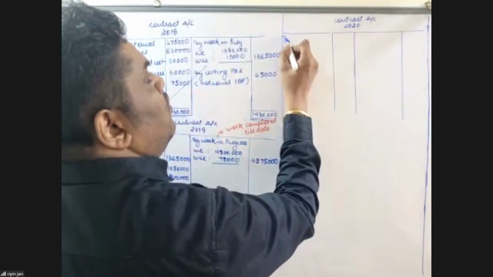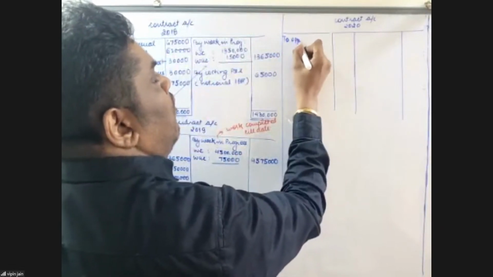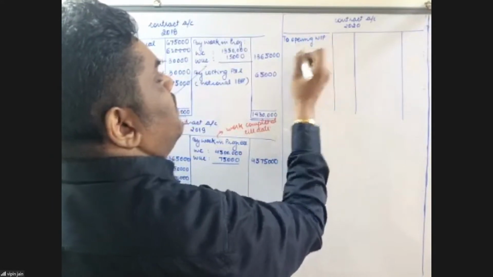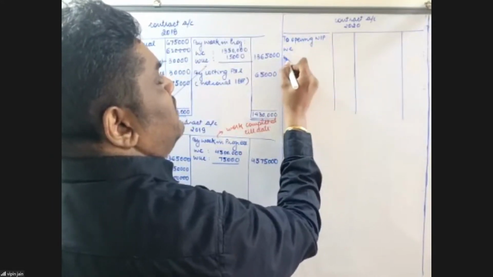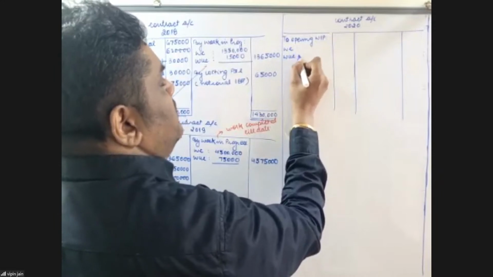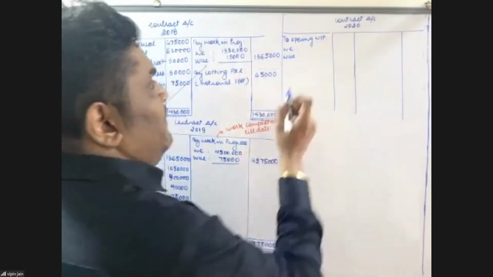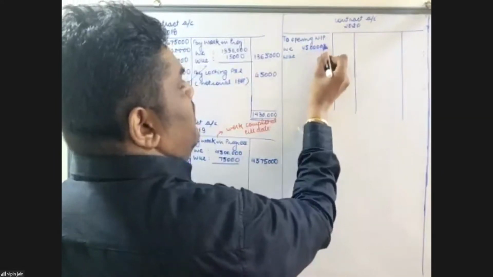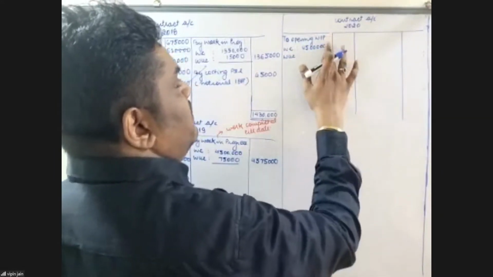So to opening work in progress, wherein my work certified and work uncertified will be 45 lakh and 75,000. It represents the work completed till date.